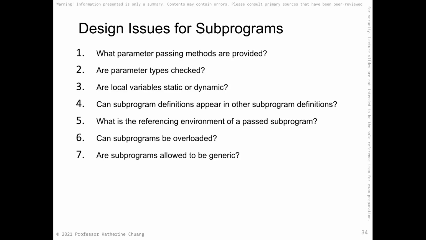I alluded to a few of these in the earlier slide, and now here's some questions that a language designer might think through. Do I want programs to be generic? Are they going to have local variables that are static or dynamic? Will we check the parameter types, or is that left up to the programmer? And so on.